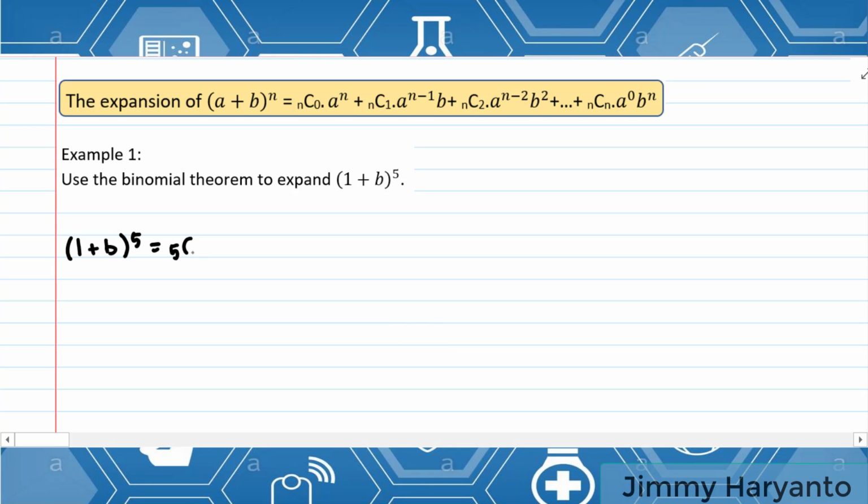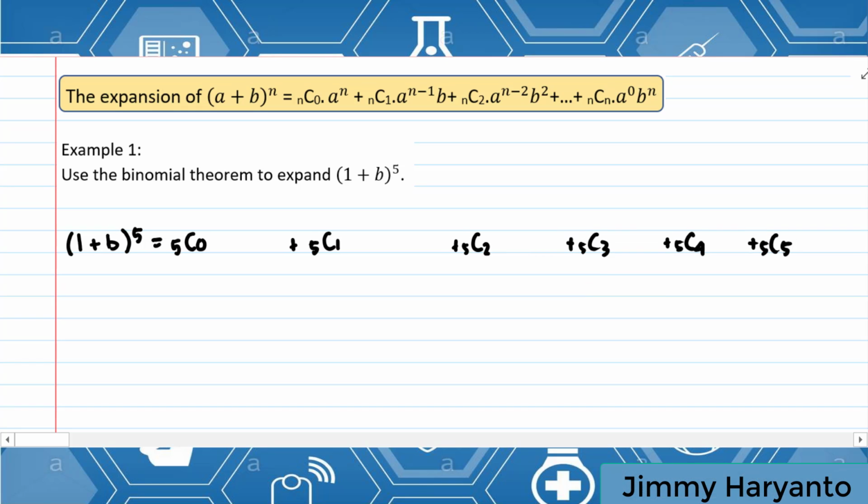First is 5C0, and then 5C1, 5C2, 5C3, 5C4, 5C5. Okay, so there are 6 terms: 1, 2, 3, 4, 5, 6.